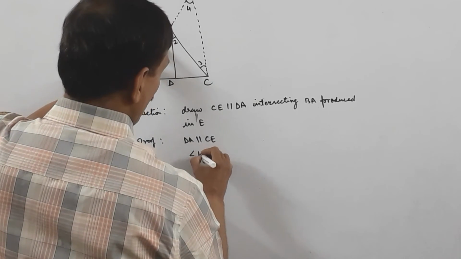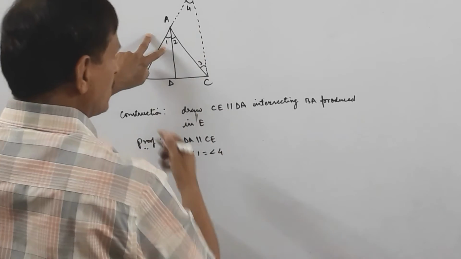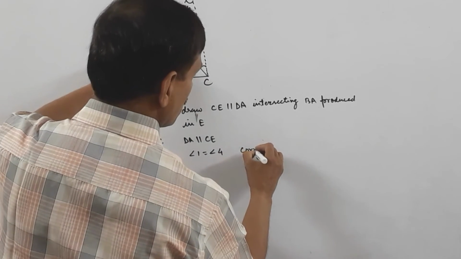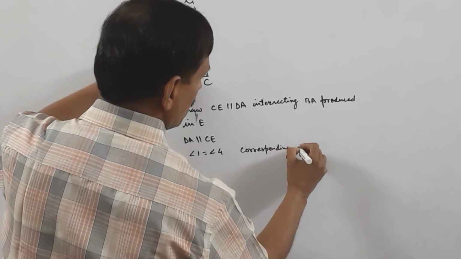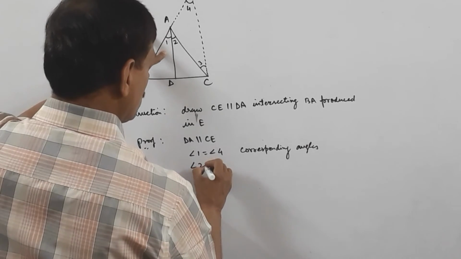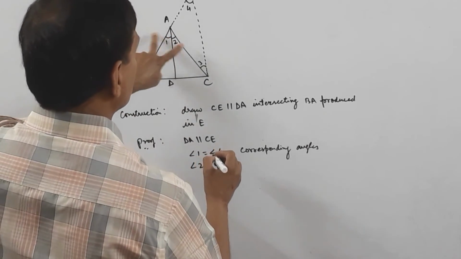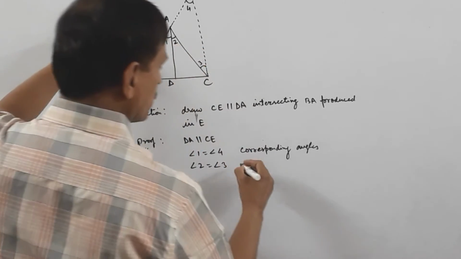So angle 1 is equal to angle 4. These are corresponding angles. And angle 2 is equal to angle 3. These are alternate interior angles.